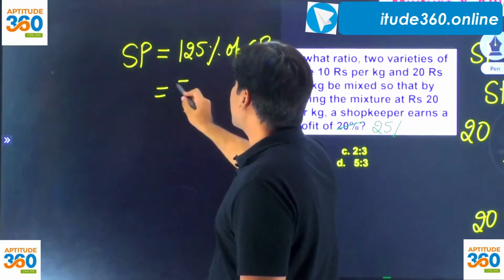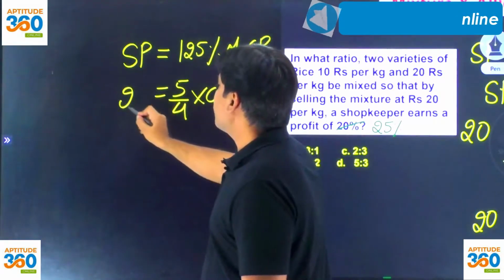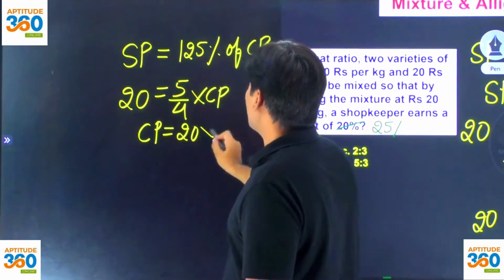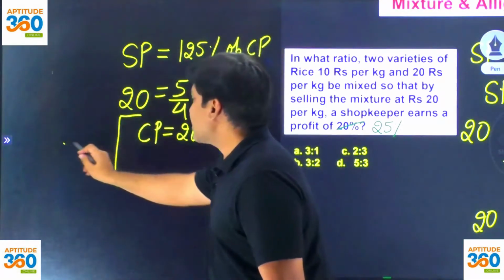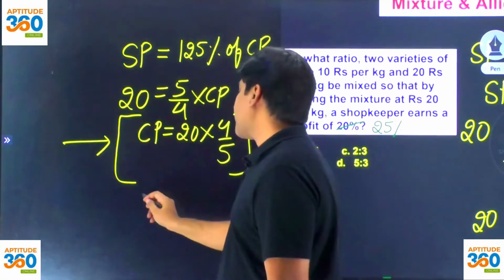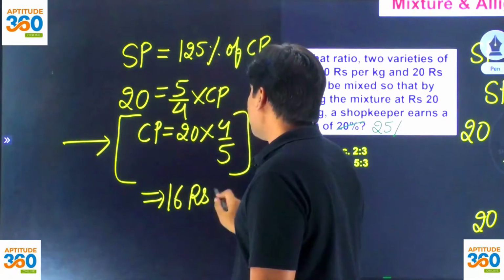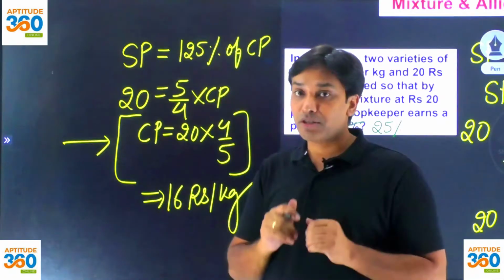So this one is coming out as 5/4 into CP. It is given to you as 20. So what is going to be CP? It is going to be 20 into 4/5. Now अंडरस्टैंडिंग तब अच्छी जब आप ये स्टेप डायरेक्टली लिख दो एग्जाम में, और अगर आप डायरेक्टली लिख पा रहे हो तो फिर आपके लिए बड़ी अच्छी बात है. Now this is going to be what? 16 rupees per kilogram. 16 rupees per kilogram is the cost price of the mixture, isn't it?